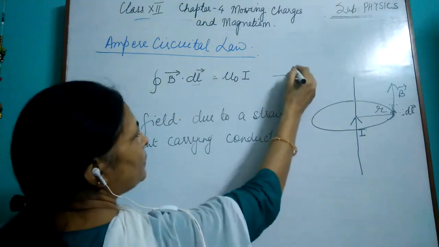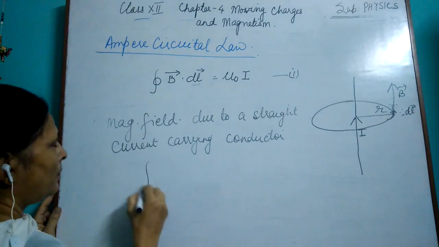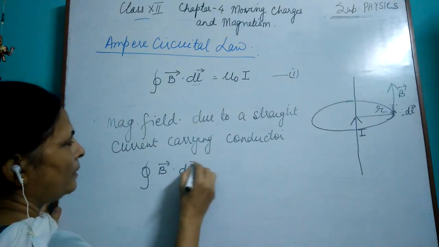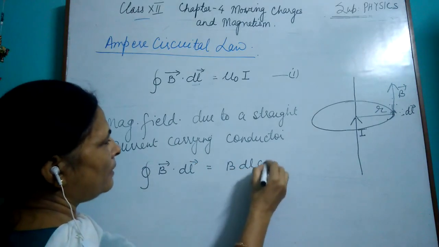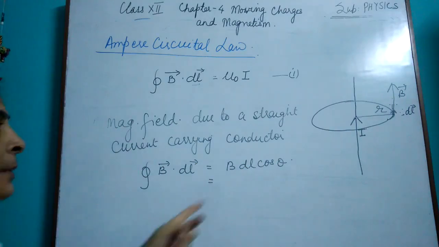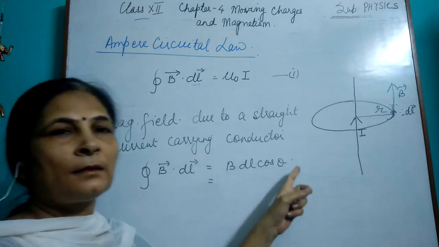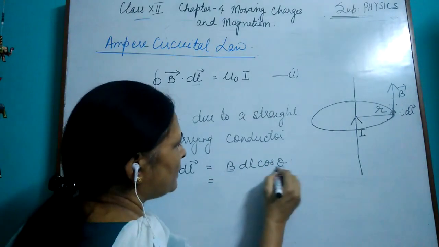So I'll take this as equation number 1. Now integral B·dl will be equal to B dl cos theta. This everybody knows that the dot product is B dl cos theta. That means what is this theta?